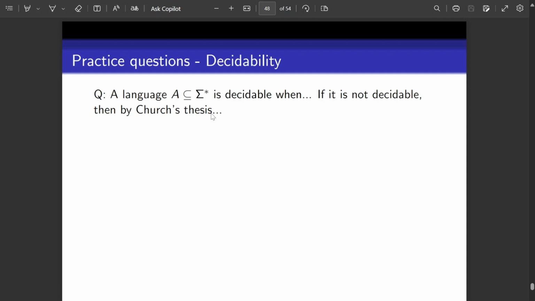So a language A, which is a subset of sigma star, is undecidable when blank. If it's not decidable, then by Church's thesis, we also know... Do you want me to walk through this, or should I let you work through it?